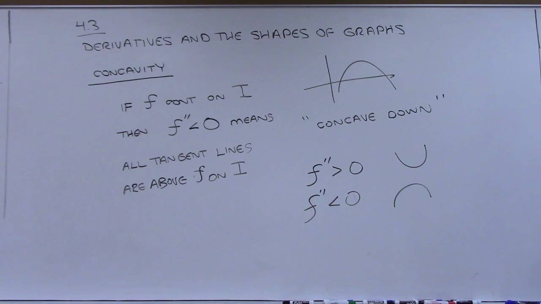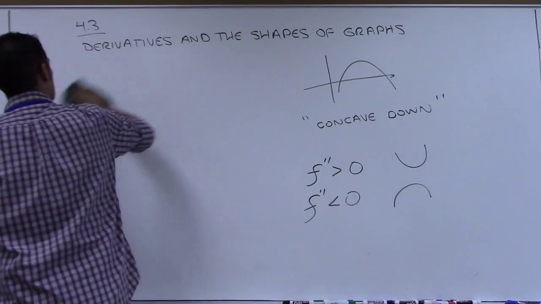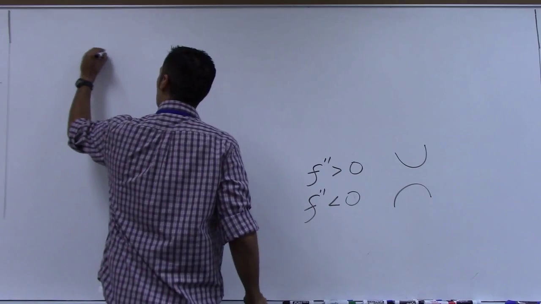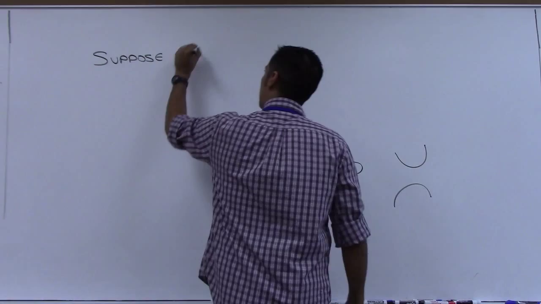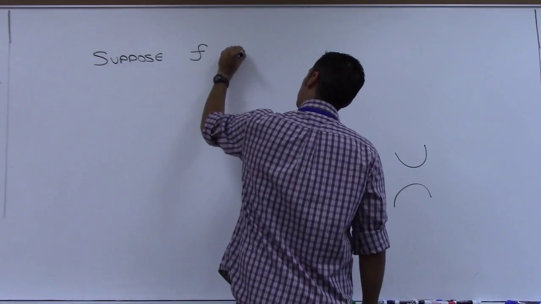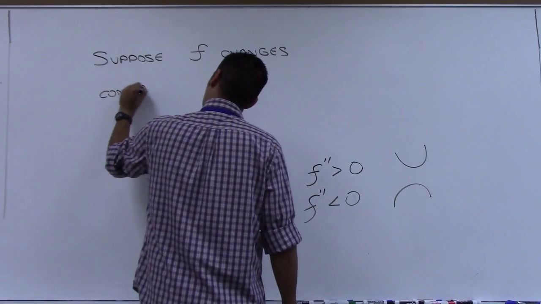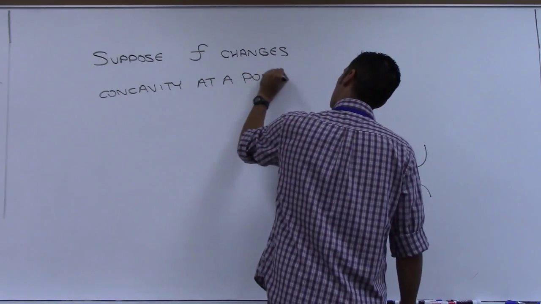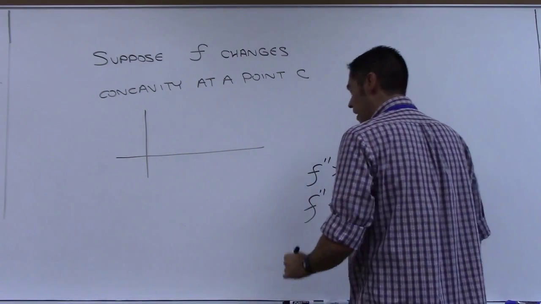All right. There's one other little definition in here. Suppose f changes concavity at a point c. So I'm going to draw a picture of a change in concavity.